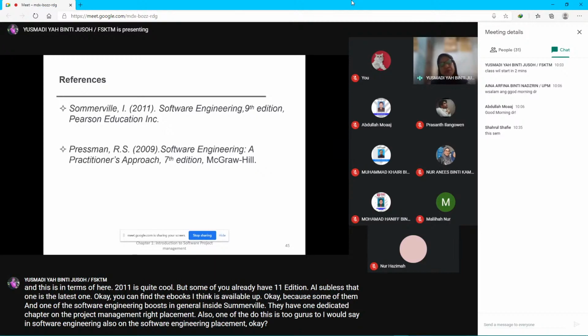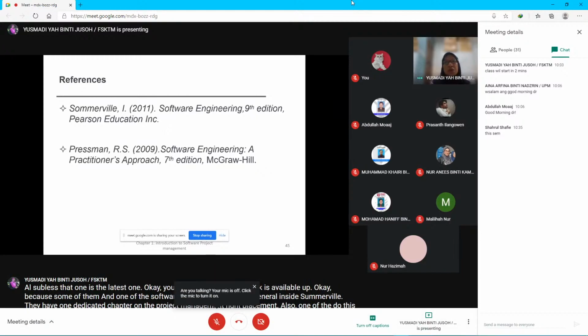To be specific on project management, what we cover in your software project management course is more related to the Project Management Body of Knowledge, the PMBOK. That is one standard. I will show you later how to get that.